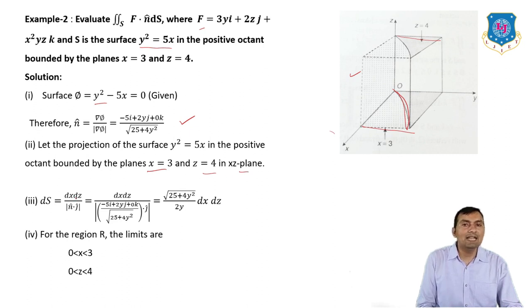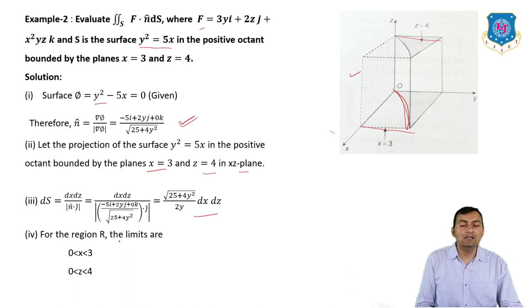So dS can be written as dx dz divided by mod of n cap dot j cap. Here we have n cap, so replace over here, just take its dot product and after simplifying you will get this term, square root of (25 plus 4y square) divided by 2y into dx dz.